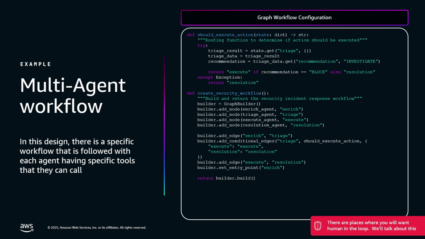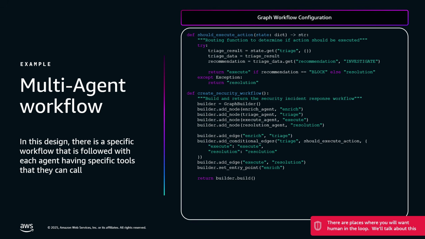We've added a node for the enrichment. We put the result of the enrichment into the triage node. The triage node enters into the execution and resolution nodes, and so forth. So the point here is that we are still relying upon deterministic code for the actual workflow and wiring all of these pieces together, but we are now delegating smaller pieces of decision-making and contextual generation to the large language model.